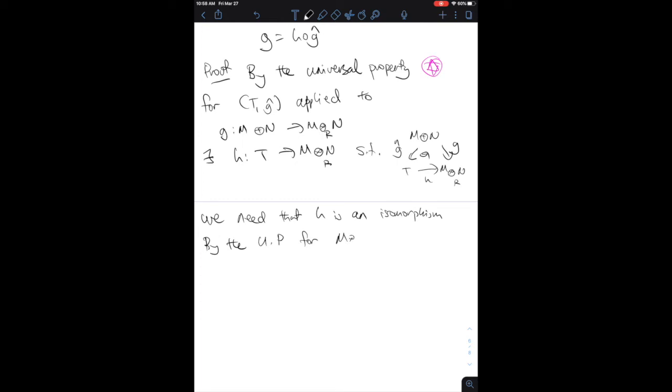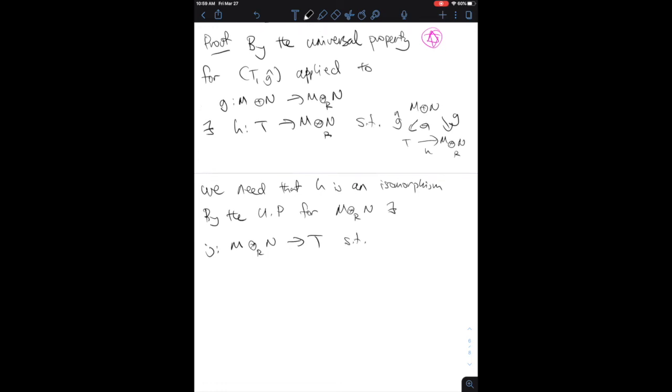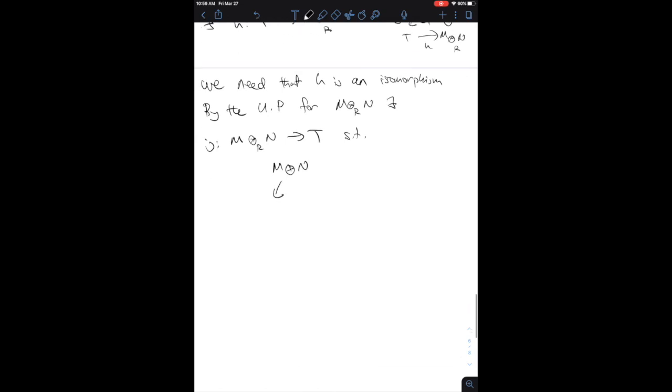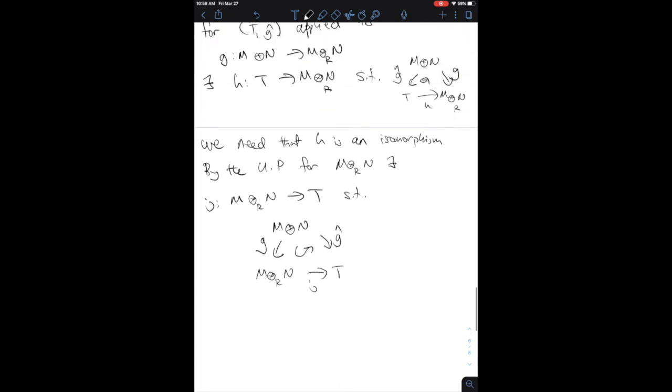So by the universal property for the tensor product, there exists some J from M tensor N to T such that we have a commutative diagram like this. Here we have J, here we have G hat, and here we have G.